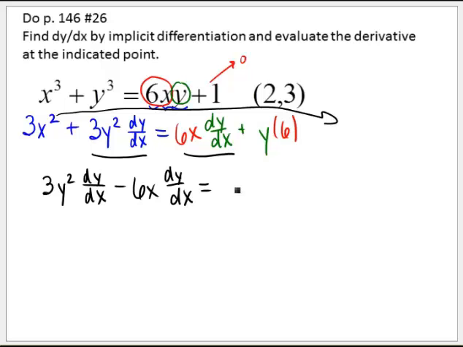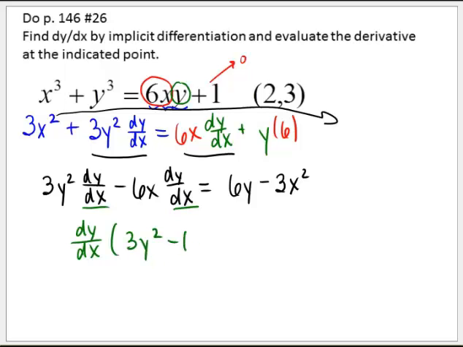So I have 6y minus 3x squared. Third step, factor out your dy over dx. I'm going to take that out of both of these terms. I'm left with 3y squared minus 6x equals 6y minus 3x squared.